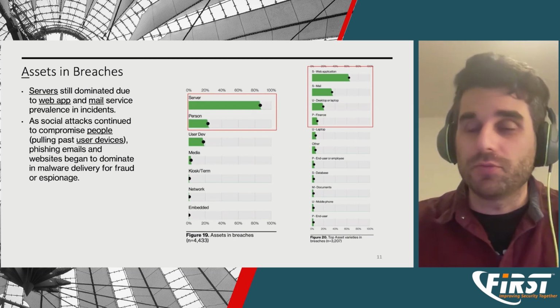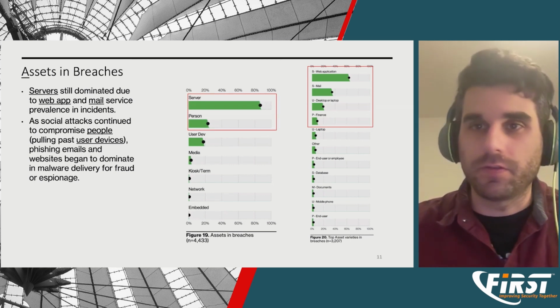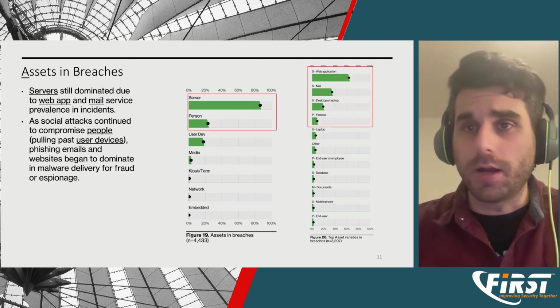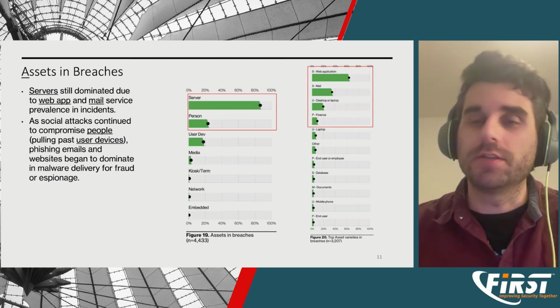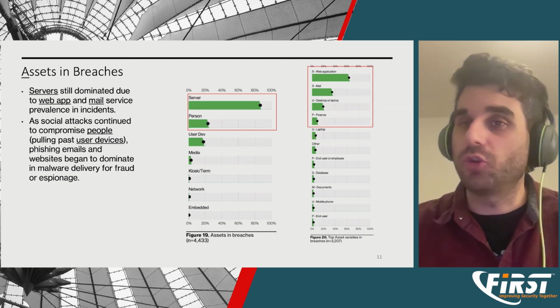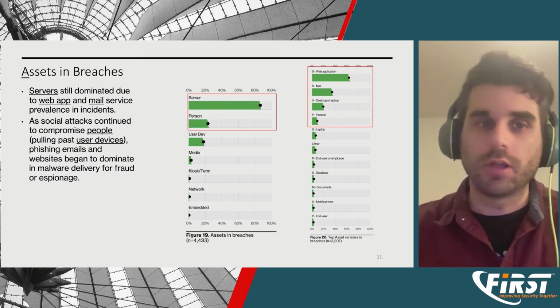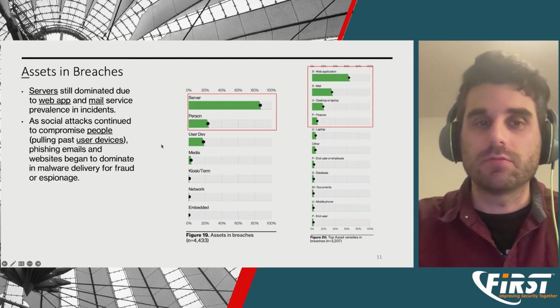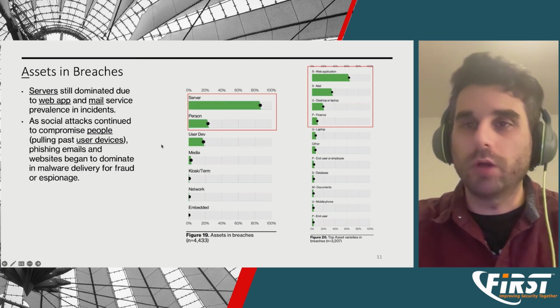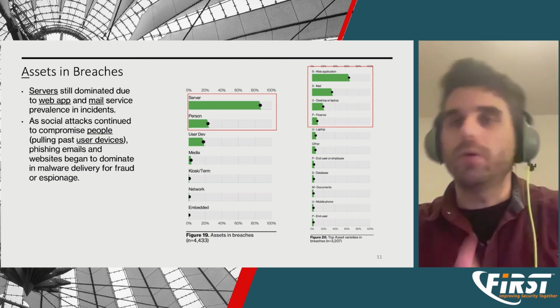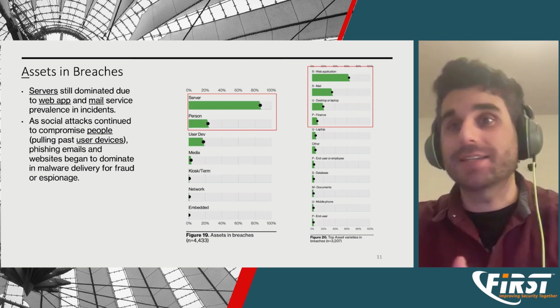We have seen, of course, a lot of attacks targeting email servers or web applications, and then also targeting people, right? That social engineering element is, of course, one of the major parts of cybersecurity. So we can kind of just see how it all ties together. A social action will always have a target or an asset of a person.